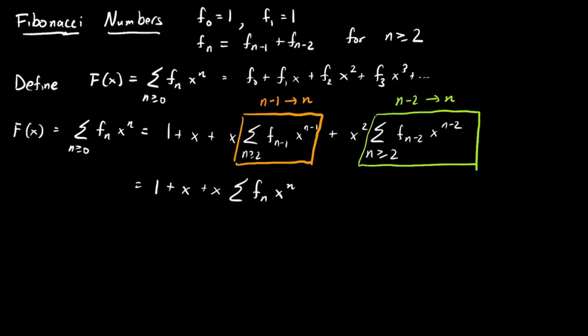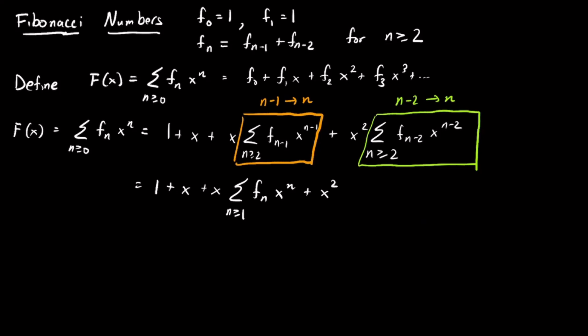And the thing to notice here is that in this first sum, the first power of x that occurred was x to the 1. So the first term in this series is f1 x to the 1. So I want to make sure that the first term in this new series is f1 x to the 1. So I'm going to start this series at 1. So this is the sum n greater than or equal to 1.